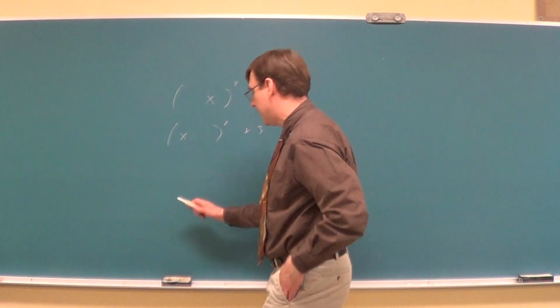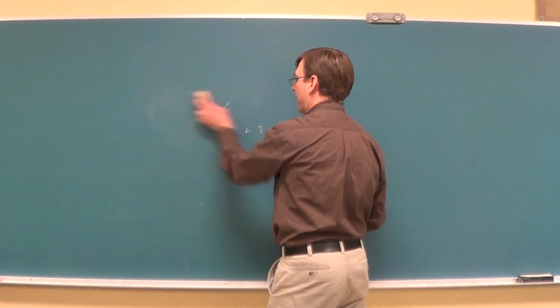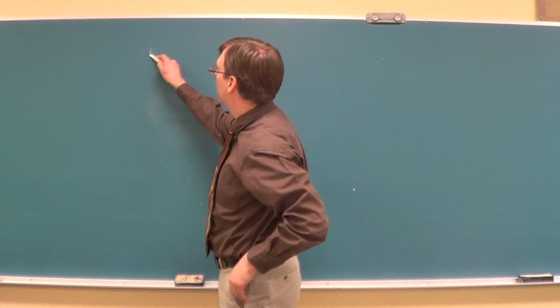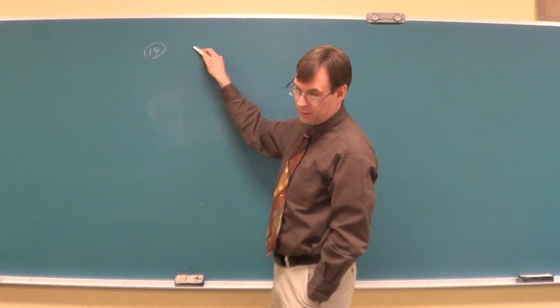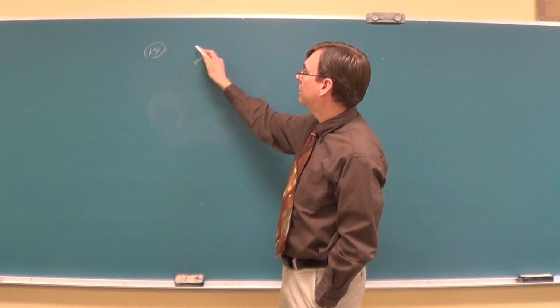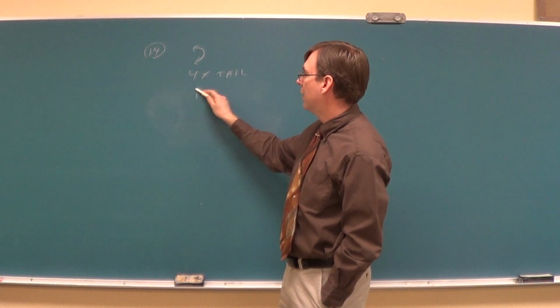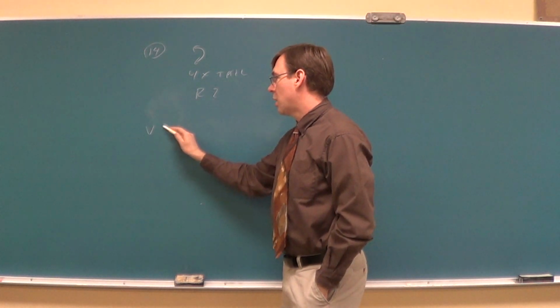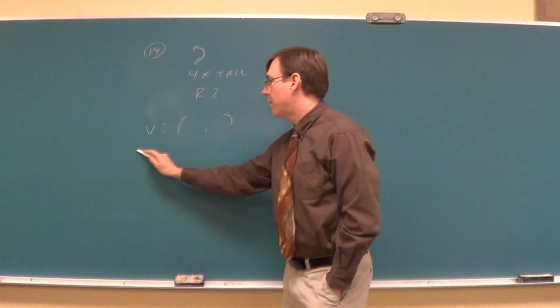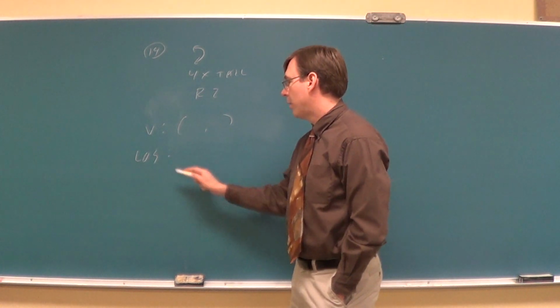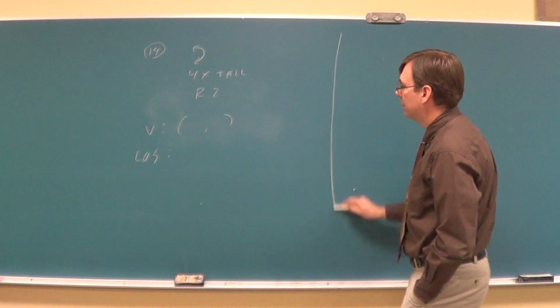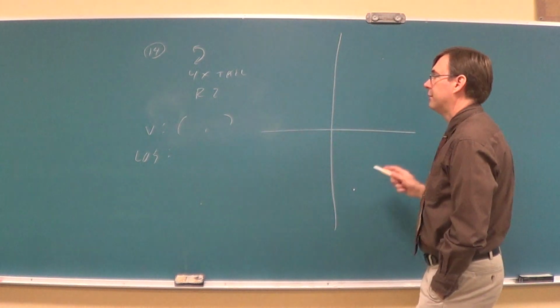So for 14, what did we decide was happening in terms of our description? It was flipped, 4 times taller, and right 2. So what we're trying to do is come up with a vertex, come up with a line of symmetry, and make ourselves a graph.